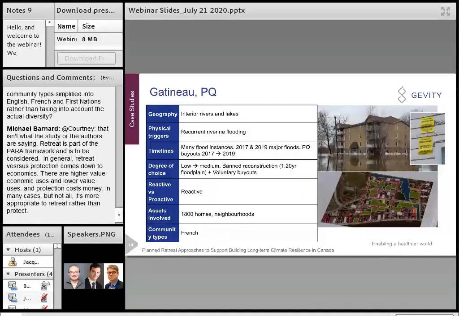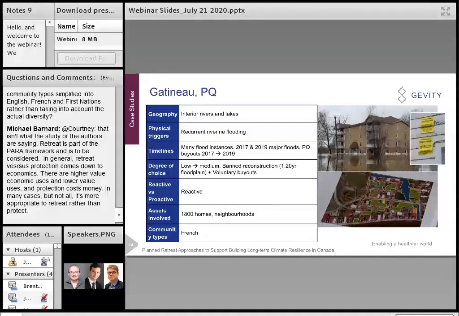This leads into the question of degrees of choice. In some cases, if you are in the 1 to 20 year floodplain, you have no choice. You must leave. If you're outside the 1 to 20 year floodplain and you've suffered some damage, you can then decide, can I rebuild using disaster assistance, or should I take planned retreat buyout money? So that's what's shown here on the screen.